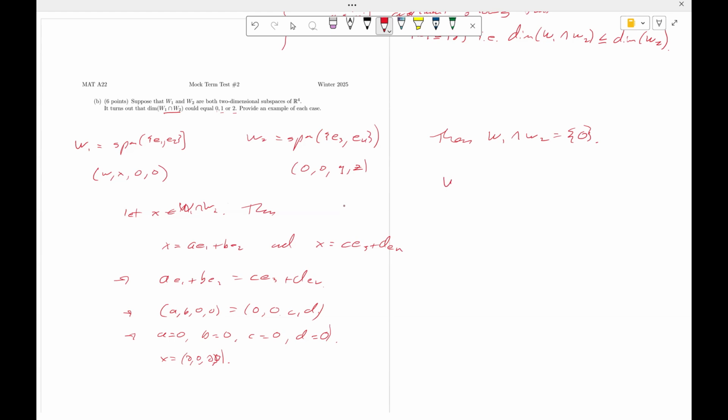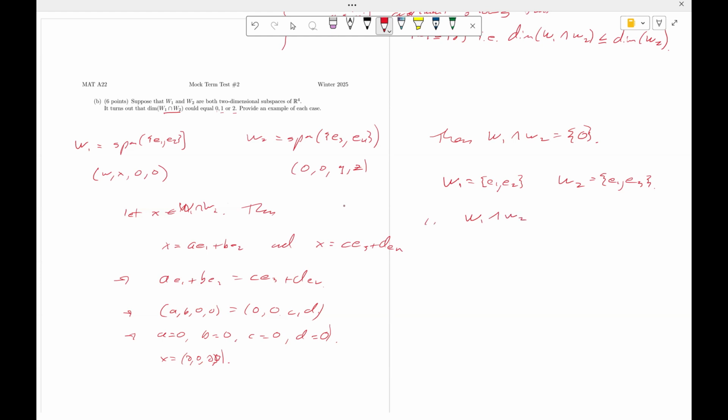So for one overlap, I'm going to let W1 equal the span of the same set, E1, E2. And for W2, I just want one of them to overlap, so I'm going to pick E1 and then E3. So one of them overlaps, one of them doesn't. W1 intersect W2, I want to see what this is.